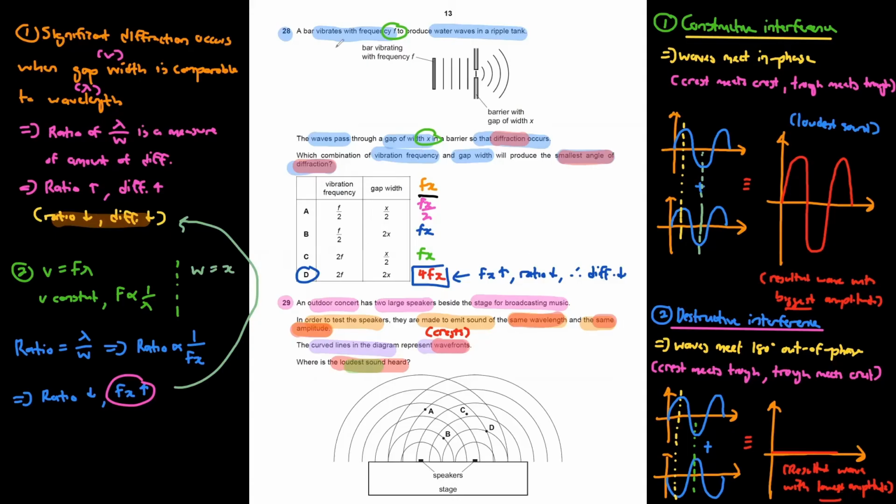If the amplitudes are the same, you will actually get zero amplitude. Okay, so you apply this for the case of a sound wave. Destructive interference is where you usually hear the softer sound or zero sound. Okay, zero sound is when the amplitudes are the same in the first place.